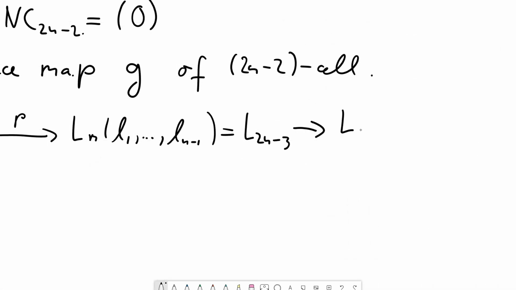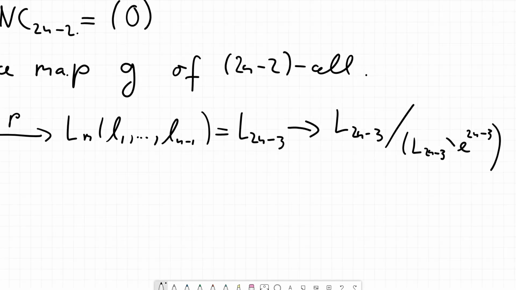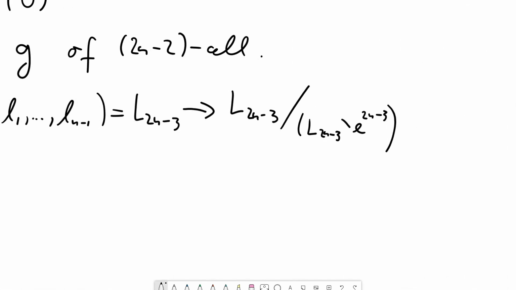So I take L2n minus 3, mod out L2n minus 3 without this one cell. And again, this is now homeomorphic to S2n minus 3.